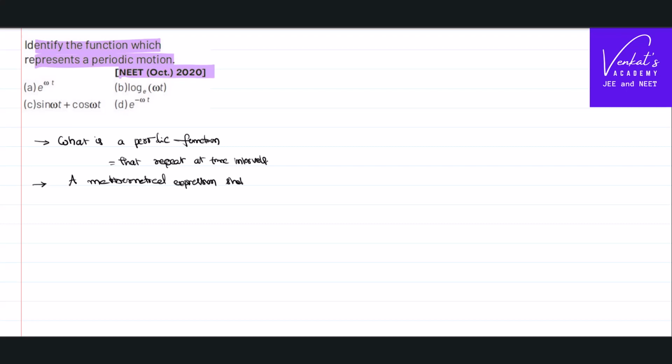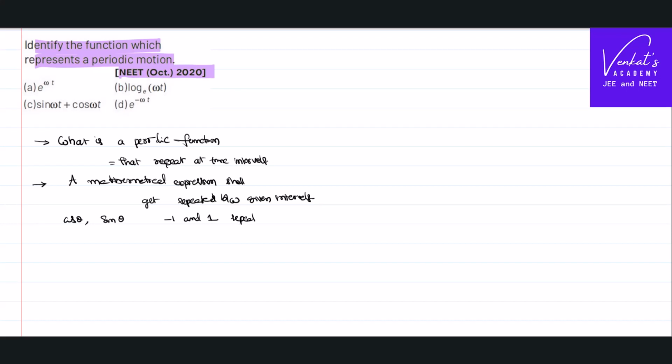So a mathematical expression shall get repeated between given intervals. So for a trigonometric expression, for example, sine theta gets repeated between -1 and +1. Even cos theta also gets repeated between -1 and +1.